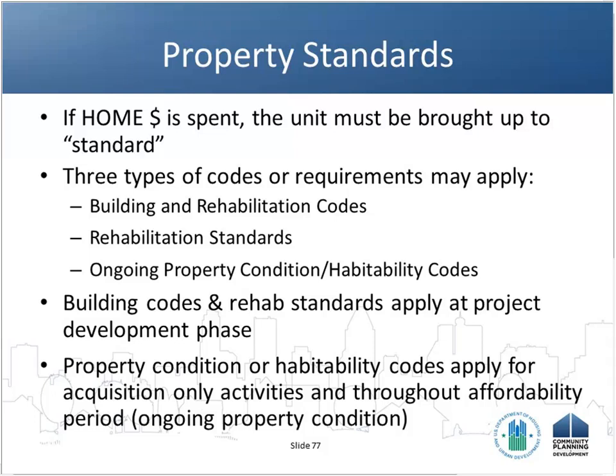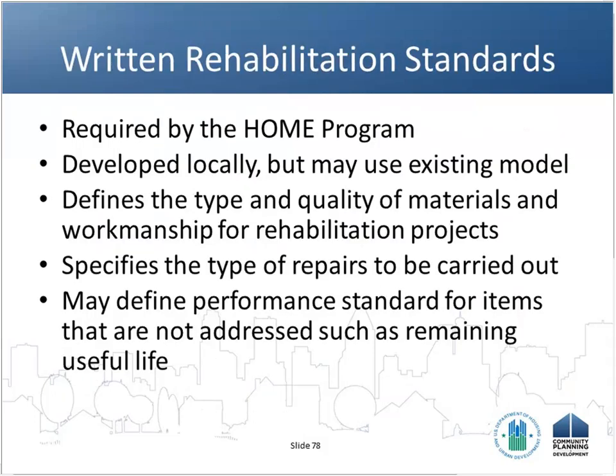Once the project is completed, we're going to have to be able to sign off showing that it meets our codes and standards, and in some cases our rehab standards as a completed unit. But then also over the life of the project, we will have ongoing property standards to make sure that it continues to be an appropriate unit for our household to occupy during that affordability period.